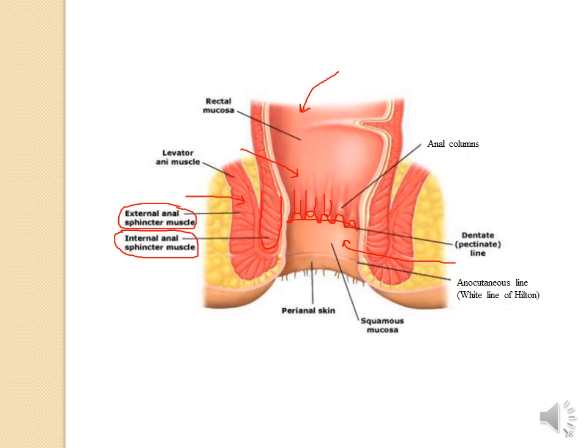There is an interval between them, this region here, and this is visible and can be felt, and this is called the white line of Hilton. And at this line, the stratified squamous non-keratinized epithelium of the anal canal will become stratified squamous keratinized epithelium, just like that of the skin.